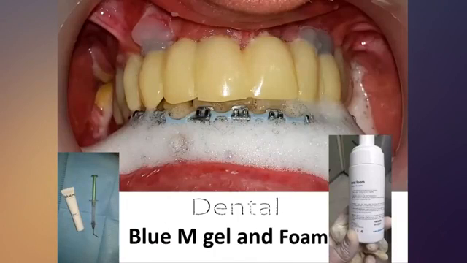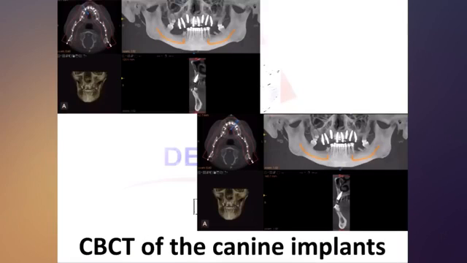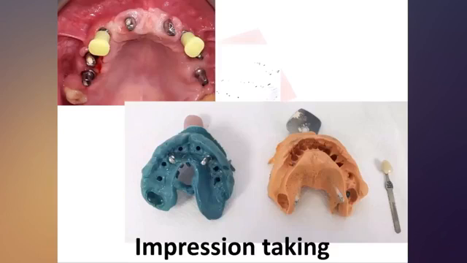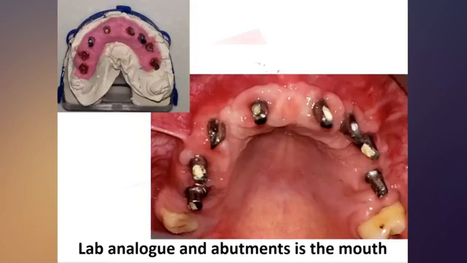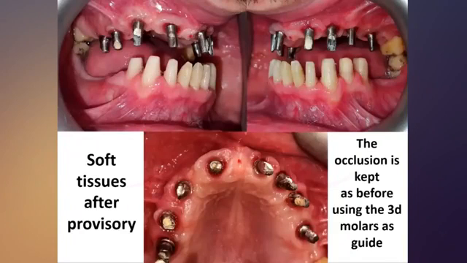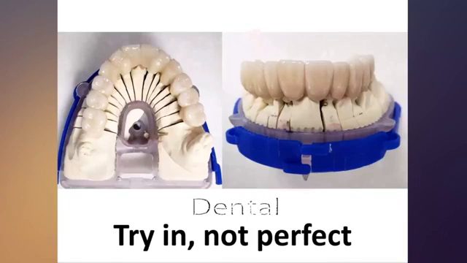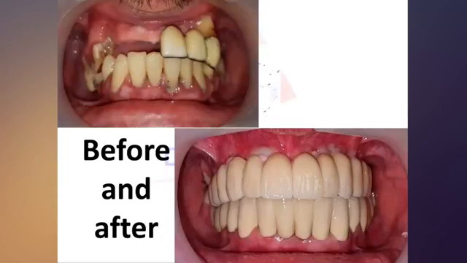This is the situation after. And these are the 8 implants in the mouth for a fixed all on 8. As you can see, 8 implants inside, soft tissue contouring. And this is the final solution at the try-in.